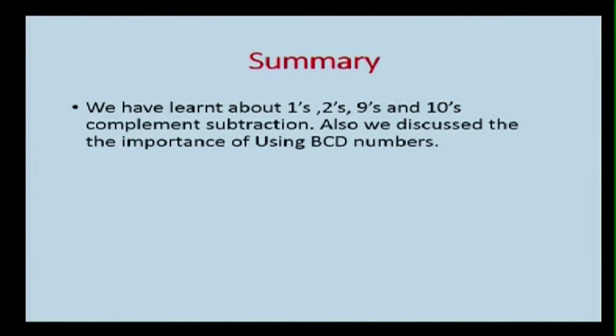And we also saw how decimal numbers could be written in the BCD code, that is 8421 code. After seeing all this, I feel it's important that you try some small examples to learn this method of subtraction in a better way.